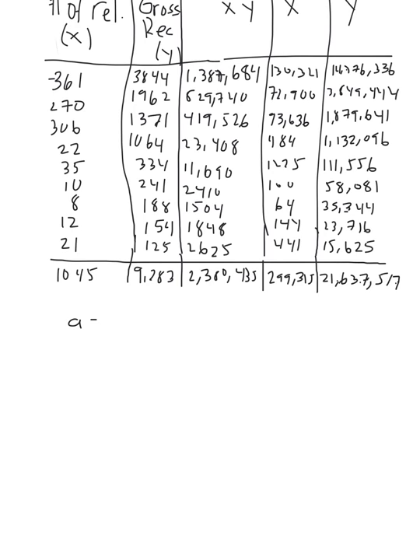So in order to find the A, we multiply the sum of the y's, 9,283, times the sum of the x's squared, which is 299,315, minus the sum of the x's, 1045, times the sum of the x times y, which is 2,380,435.